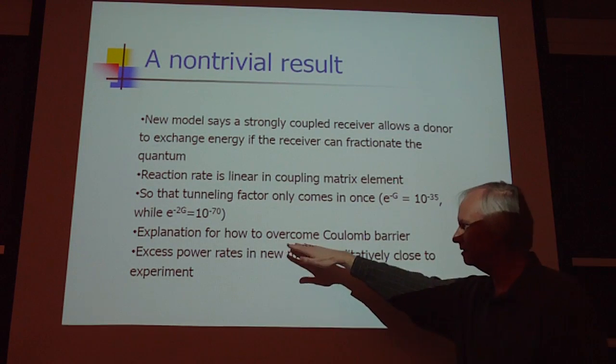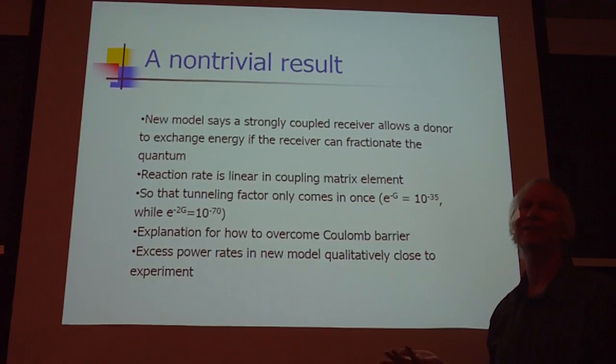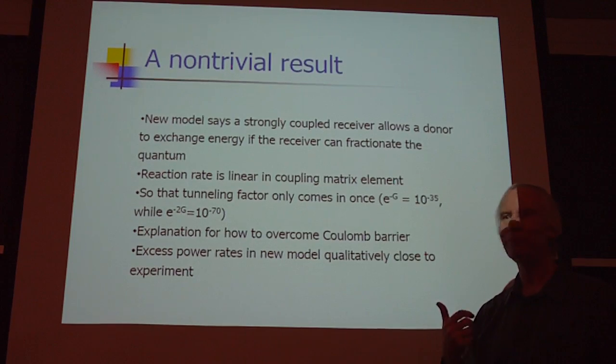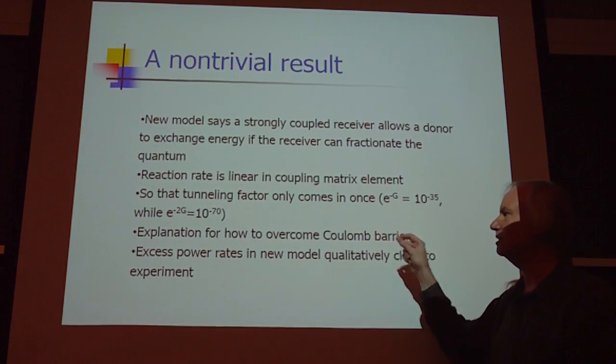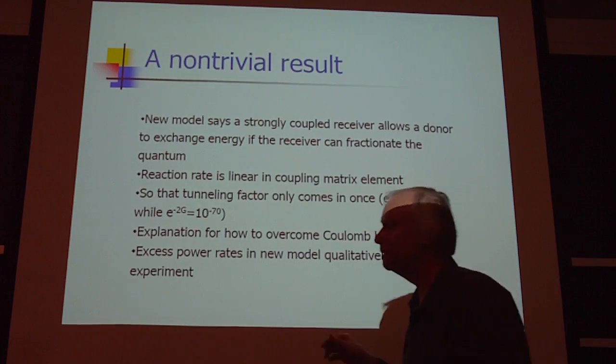So if you like, this constitutes an explanation for how to overcome the Coulomb barrier. You don't overcome the Coulomb barrier. You live with the Coulomb barrier. You're happy with the Coulomb barrier. It's just that it comes in differently in this problem than it does for normal fusion reactions.